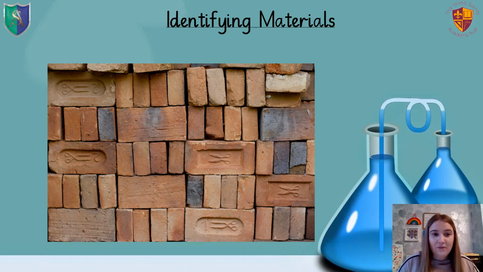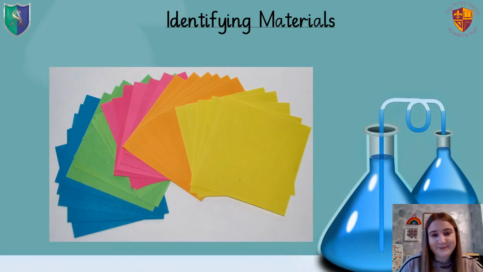What about this one? What material is this? It's brick. Amazing. Again, take a look around you, see if you can see anything made out of this material. If you're at home, I think my house is made of bricks. It's not made of straw, it's made of bricks. Maybe your house is made of bricks too.